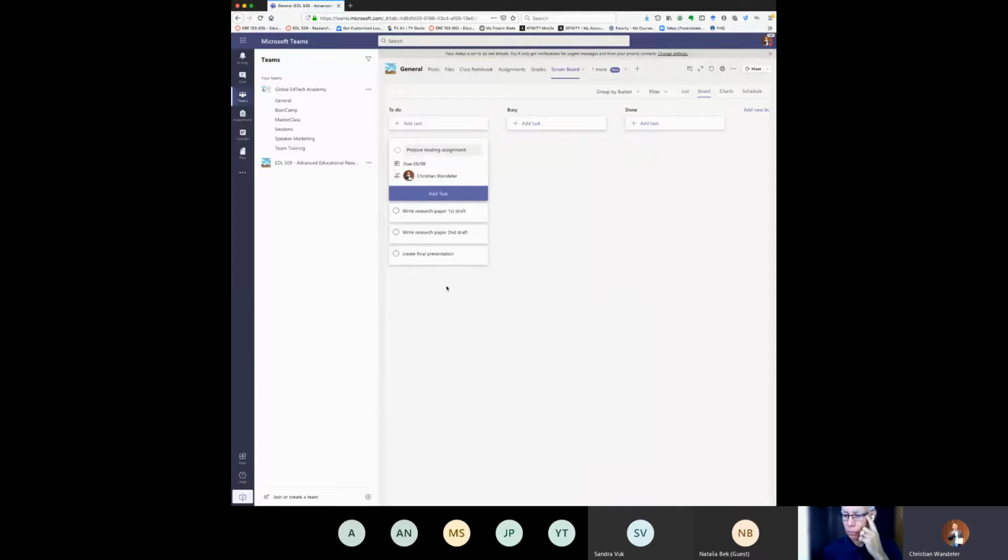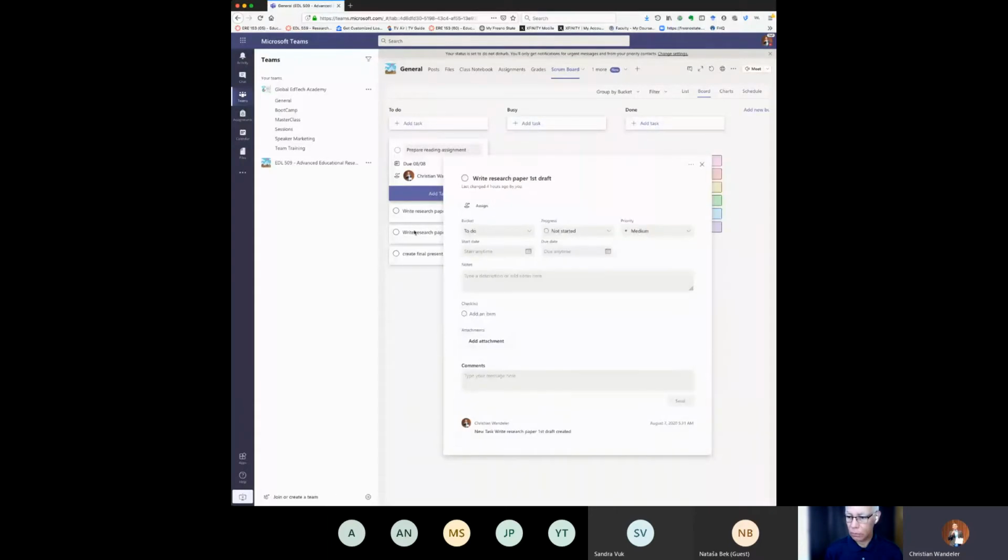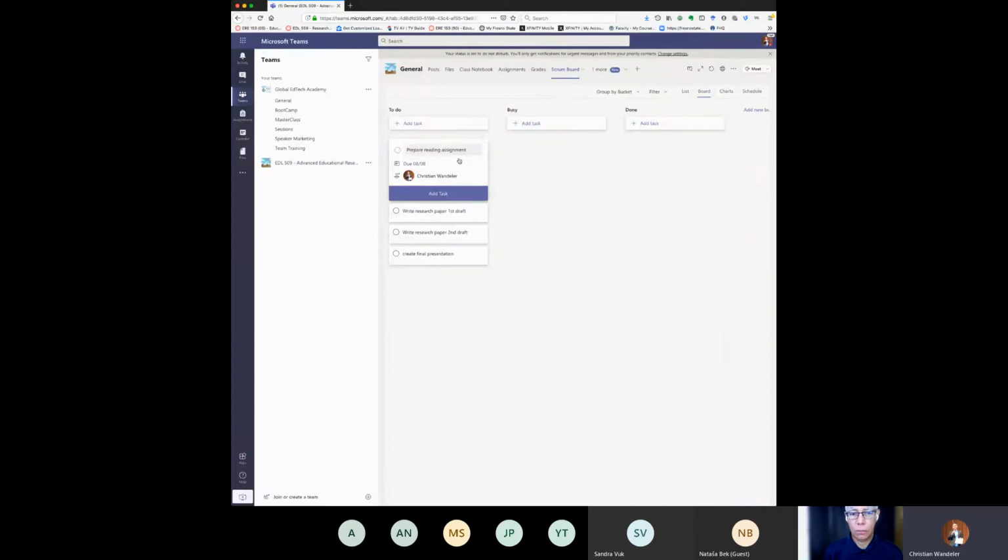Okay. The same thing can go for writing a research paper, right? Writing a first draft, writing a second draft, creating a final presentation, right? So all these can be tasks that you can then move around. So for example, if I'm working on the first draft, I can move this to the busy area.